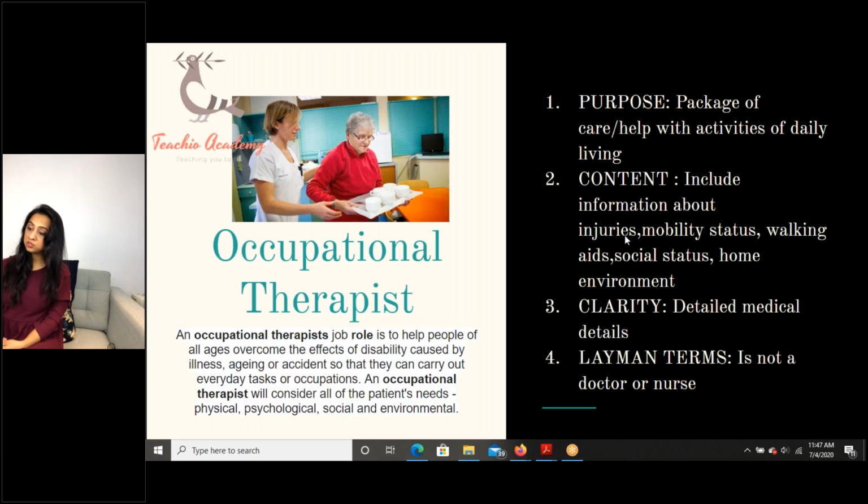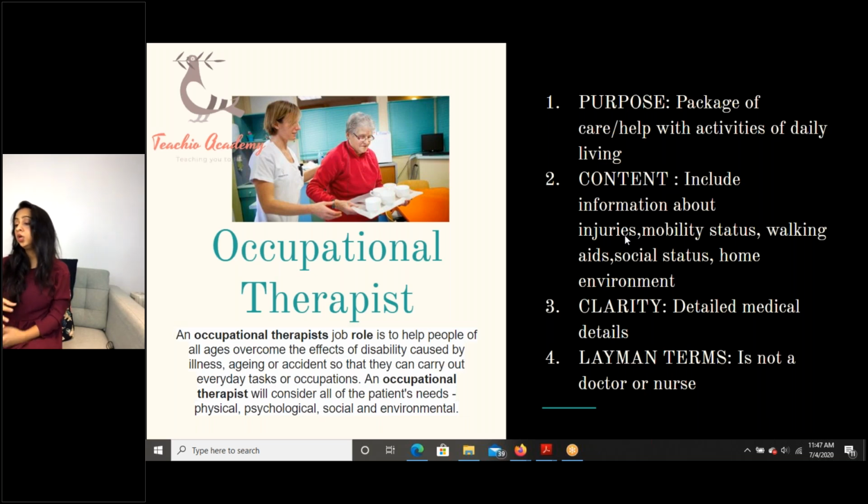Clarity is also almost the same. Detailed medical things aren't really important for the occupational therapist. They don't want to know about this patient having diabetes for 35 years, or this particular diagnosis of stroke or this particular type of bleeding on the surface of their brain.